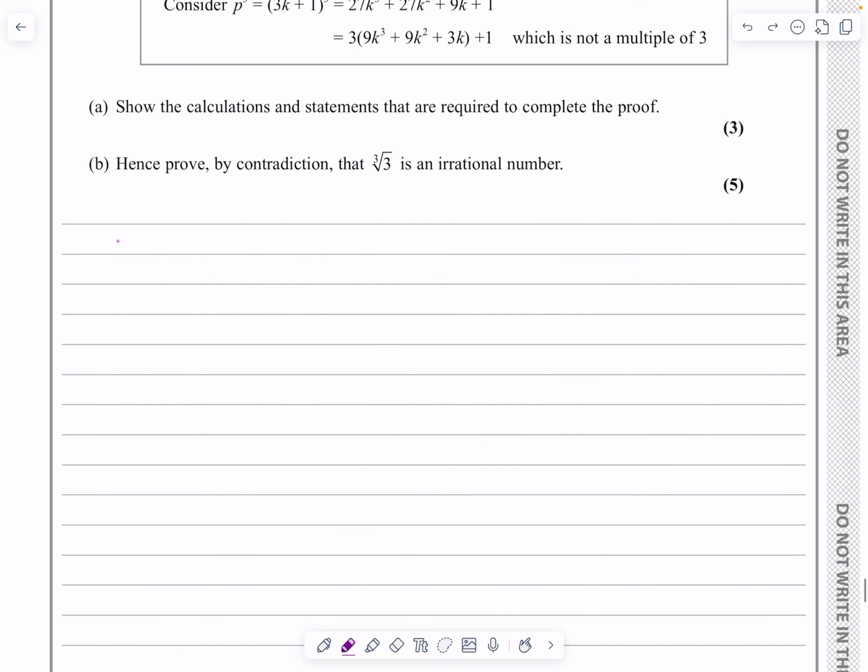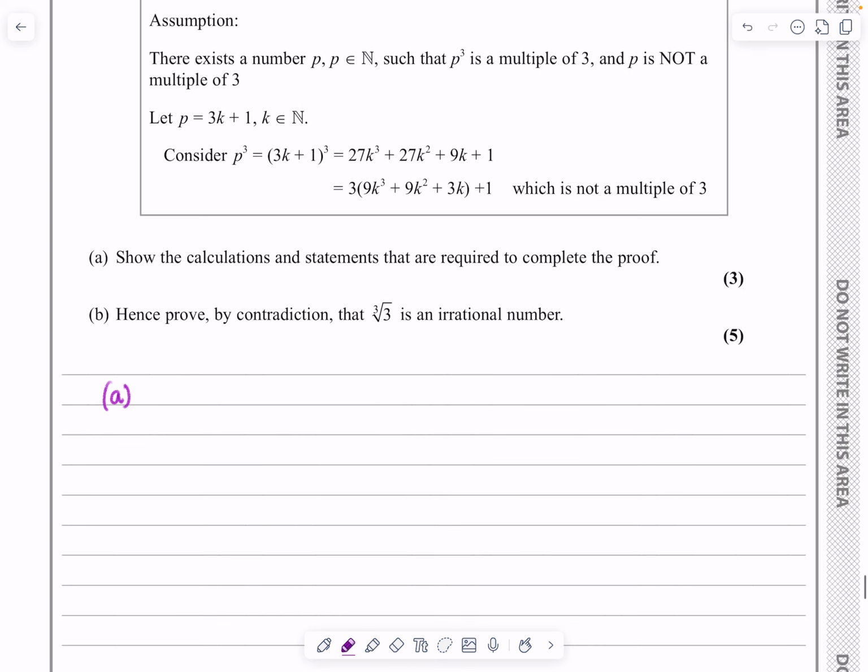So part A. Following their language through, I would then say, let p equals 3k plus 2, where k is a natural number. I'm just trying to mimic what we've got going on here. We would then do p cubed, which is going to be 3k plus 2 cubed.